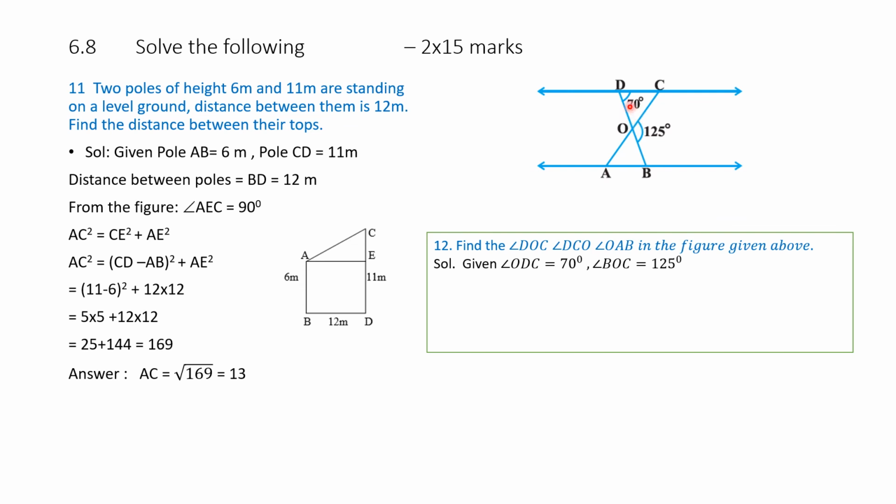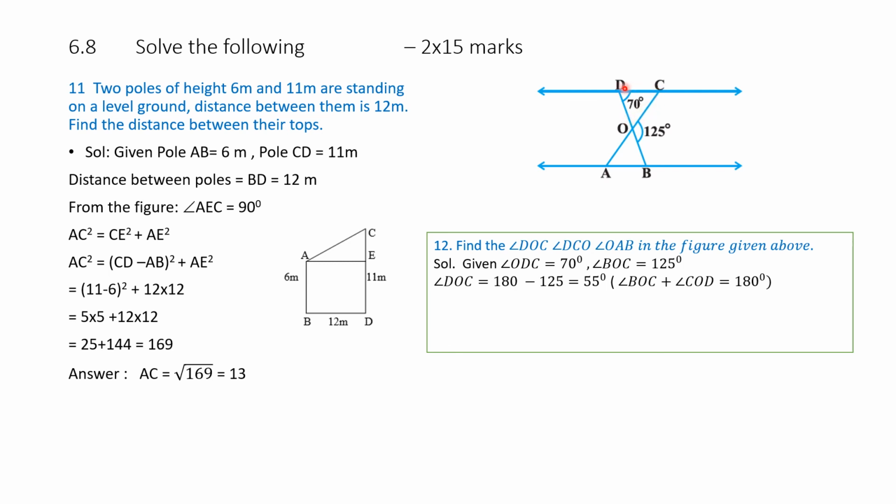So therefore angle DOC will be equal to 180 minus 125, that is equal to 55 degrees. Because angle BOC plus angle COD is equal to 180 degrees. Now we have found DOC equal to 55.